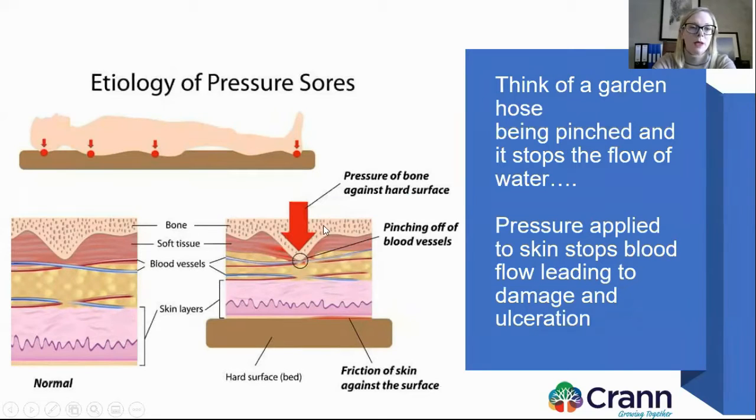This basically pinches. If you think of a garden hose that's pinched and the water behind it can't flow, it's the same with your blood flow. If your blood vessels are pinched off and the blood can't flow, that reduces the circulation to that area. So that's what can cause damage.